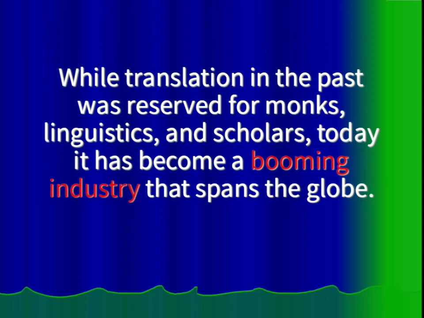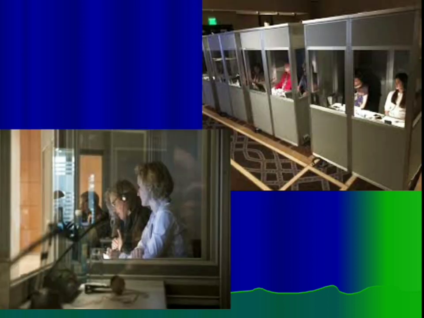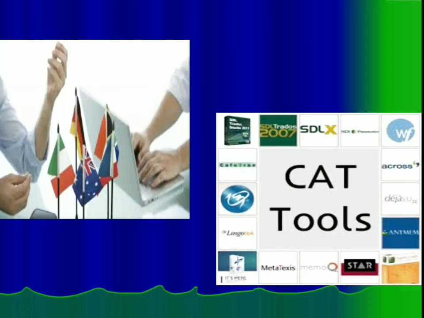While translation in the past was reserved for monks, linguists, and scholars, today it has become a booming industry that spans the globe, and it earns much money during a year. Now we'll come closer to it. On the following page, you can see the modern booth of interpreters, and how it developed with modern equipment, with a microphone, and translation tools that can easily translate with the help of CAT tools.